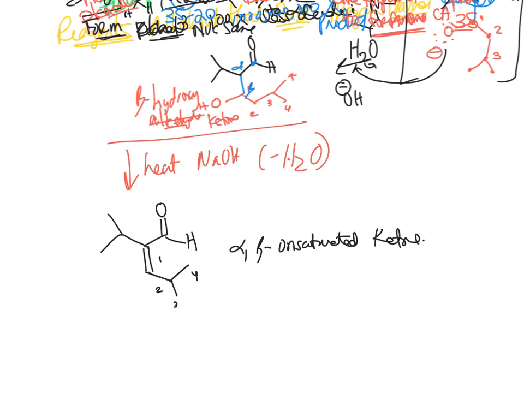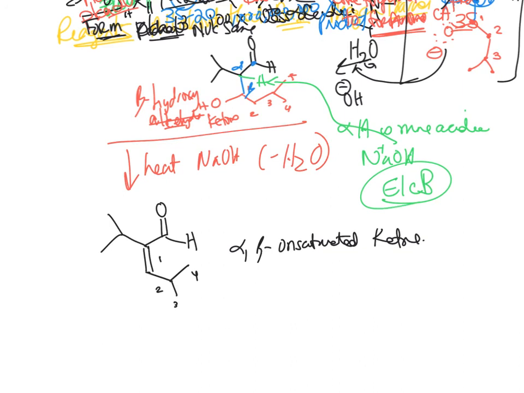And I'll show you how to do that. The reason is that this alpha hydrogen is more acidic than the original, and you're in sodium hydroxide, so hydroxide will come here and deprotonate it. This mechanism is an E1cB, which we'll talk about next week. Next week, I mean tomorrow.